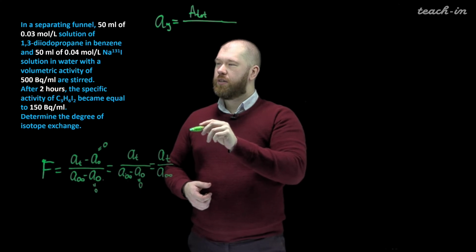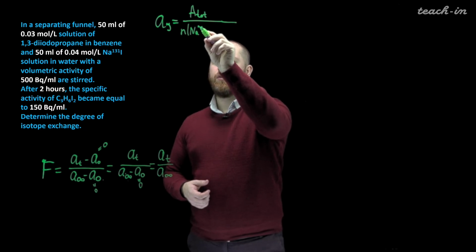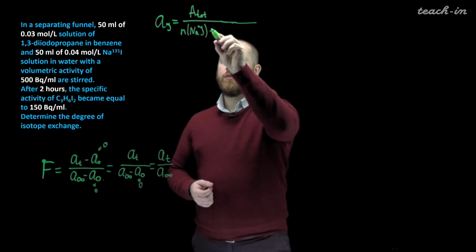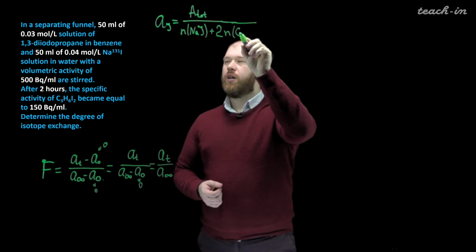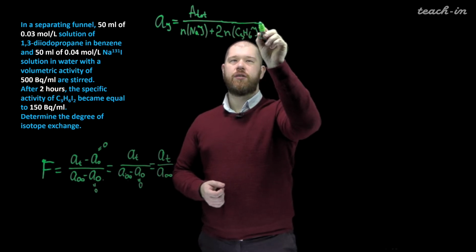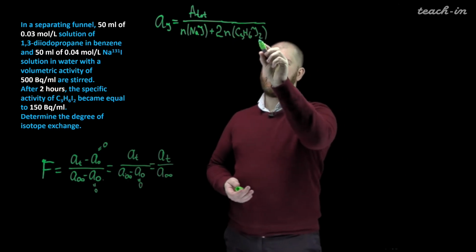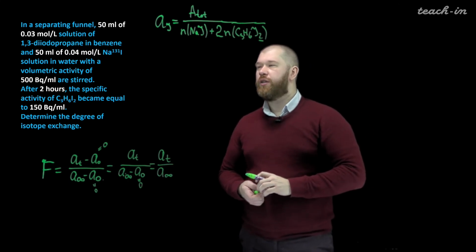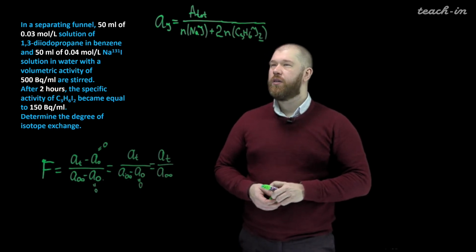We know that there is sodium iodide, so it will be the number of atoms of iodine in sodium iodide, plus 2 amounts of our diiodopropane. So don't forget about the indexes when you solve the tasks. Here you can see 2 atoms of iodine, which means the number of iodine atoms will be twice the number of diiodopropane molecules.